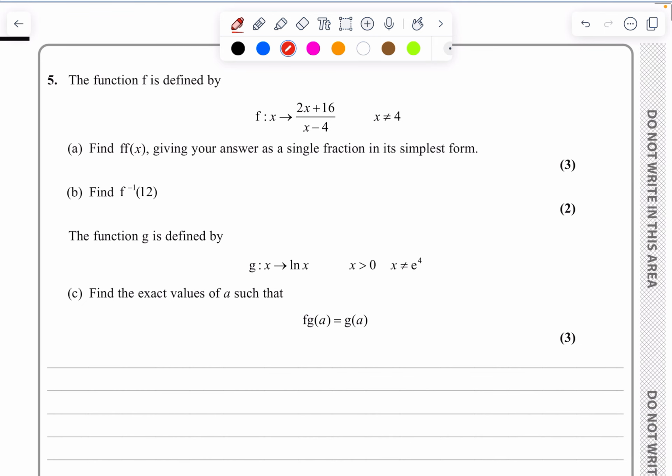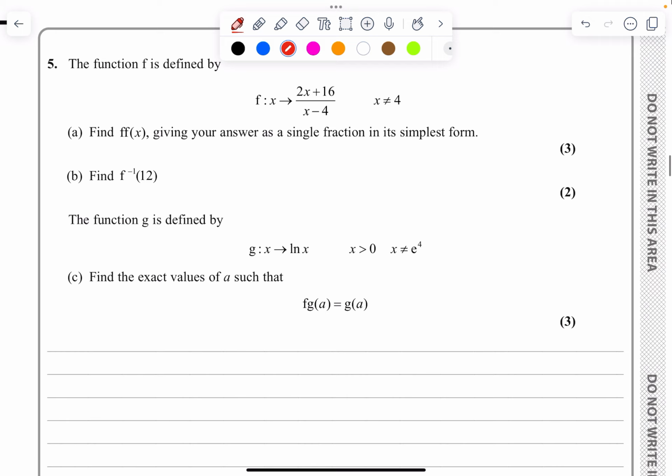A function f is defined by this. Find f of x. Give your answer as a single fraction. Okay, this question looks kind of easy.